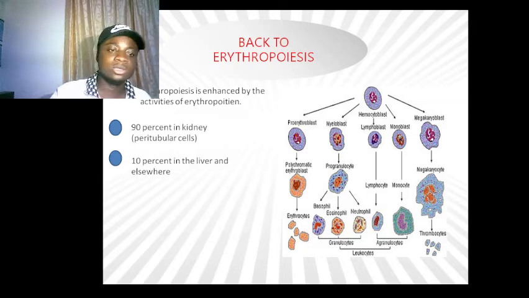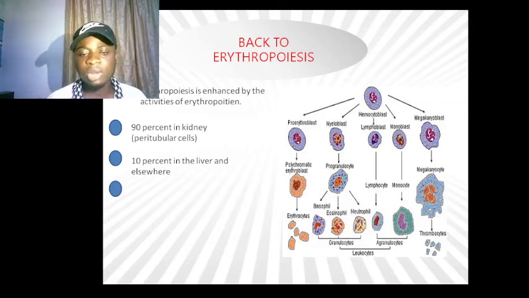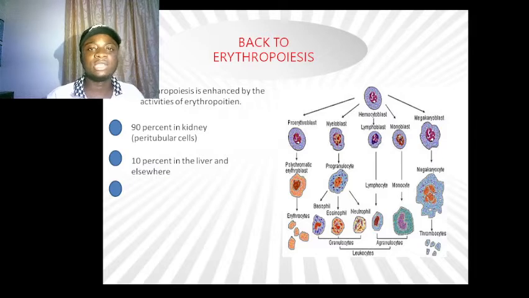Okay, so take note. Now let me explain this. When there is hypoxia, hypoxia means your tissues are deficient in oxygen. Remember that before tissues will even get oxygen, it is the red blood cells that carries oxygen to all parts of the body because it contains the hemoglobin.